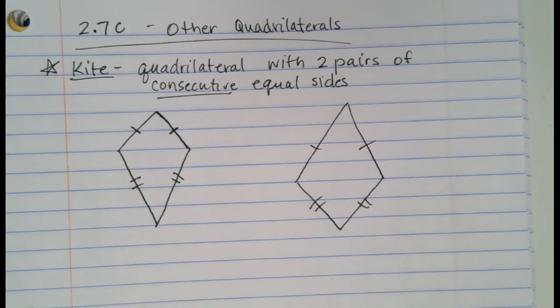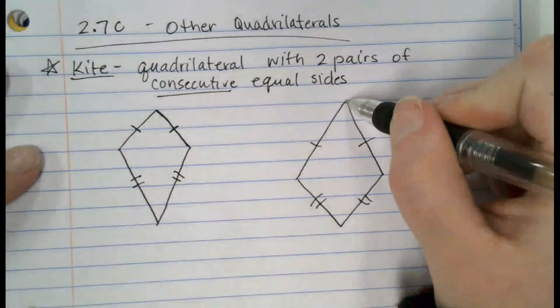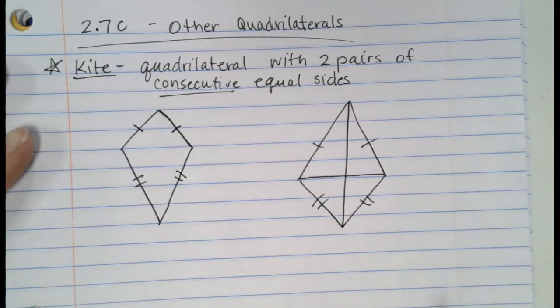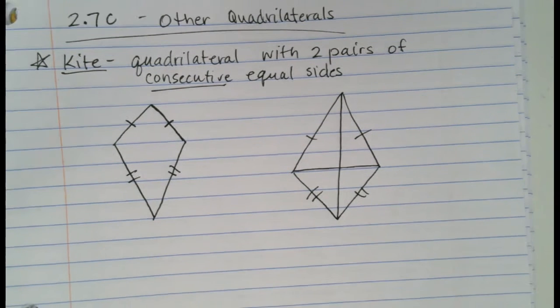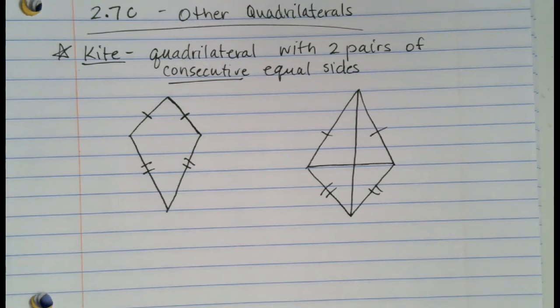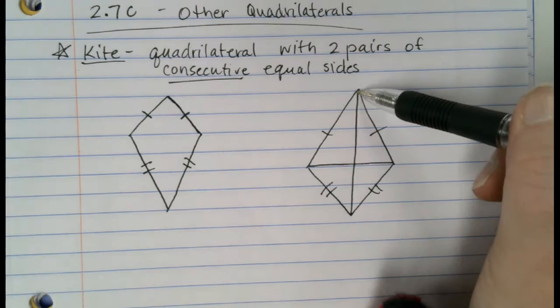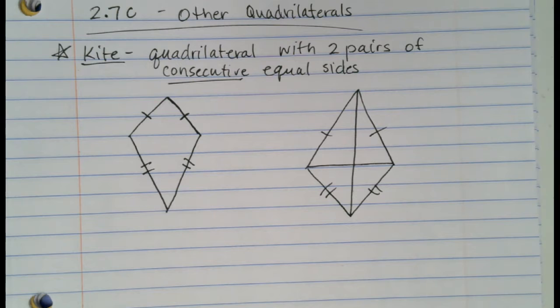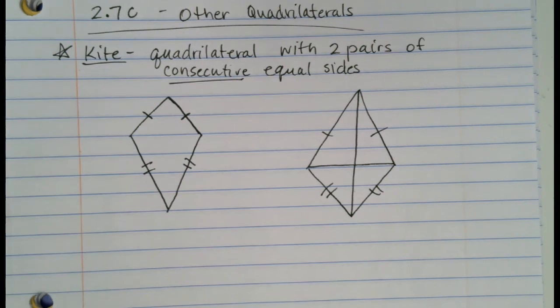A lot of times with kites, for some reason, you will see these lines drawn in. Don't worry about those. That just really makes it look like a kite if you draw those in there. We actually call these lines diagonals. But for some reason, I don't know, those are just drawn in there a lot. Don't worry about them. They're not part of the shape. That's just the inside.